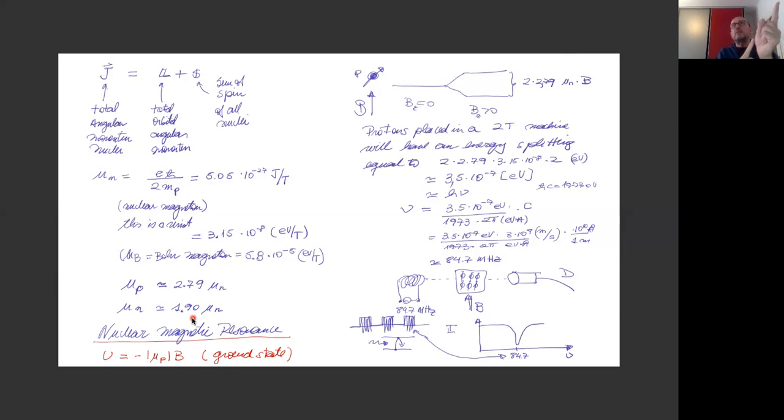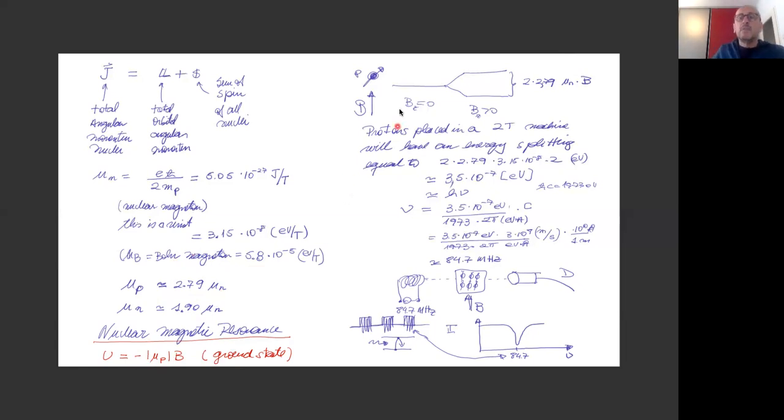There is a dot product associated with that, which is minus the magnetic moment times B. So if the magnetic moment is aligned with B, you will get minimum energy, and that's what the minus sign means. Okay, you get minimum energy when both are aligned.